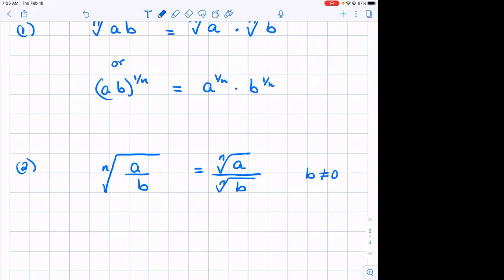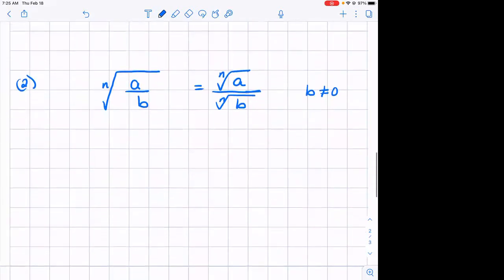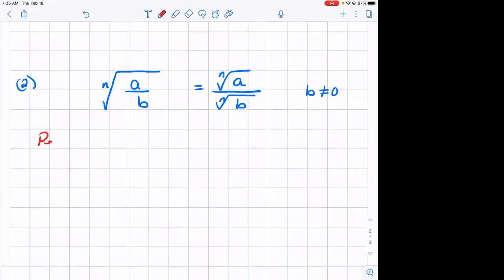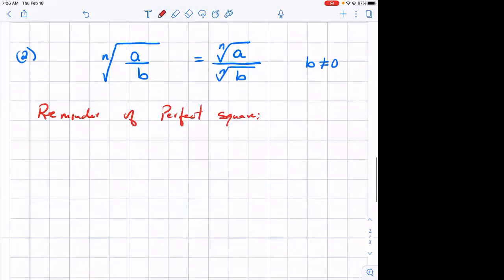And we just want a reminder of perfect squares. So perfect squares will be 0. Why? Because 0 times 0 is equal to 0. 1, why?